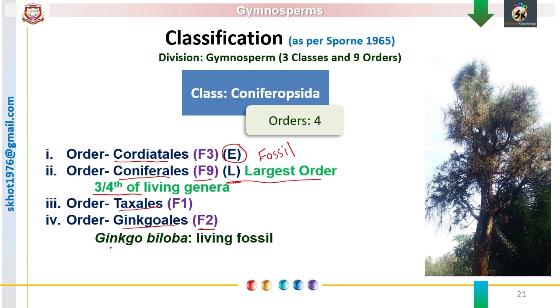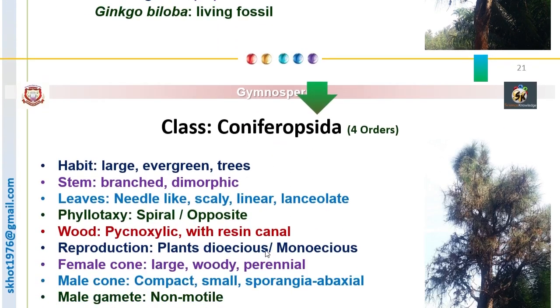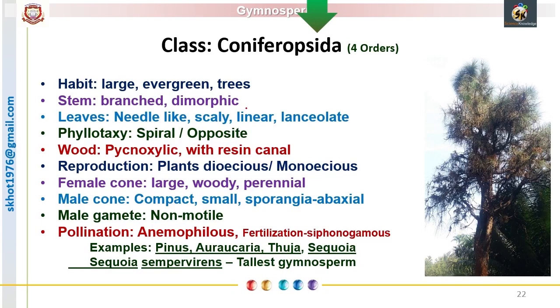The member of Ginkgoales, called Ginkgo biloba, is famous as a living fossil. We can get the fossil forms of Ginkgo biloba, as well as the Ginkgo is also present as a living specimen. That is why it is called a living fossil. The general characteristics of Coniferopsida are as below.